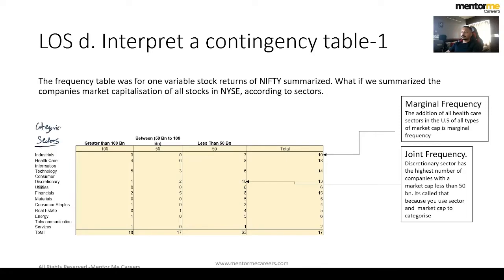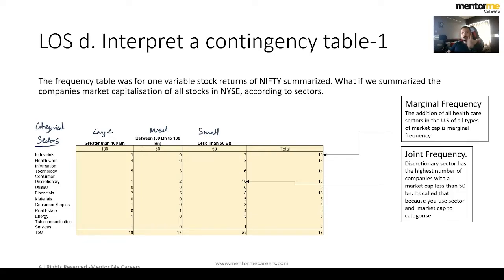And after putting a category to various industries, you are trying to categorize them further into whether this is a large company, a medium-sized company, or a small company, right?